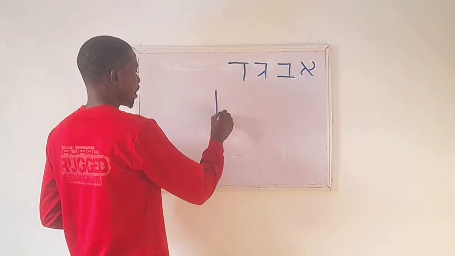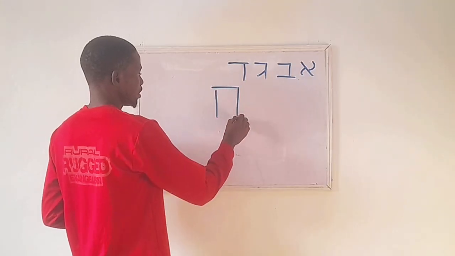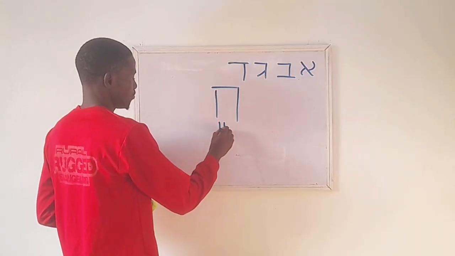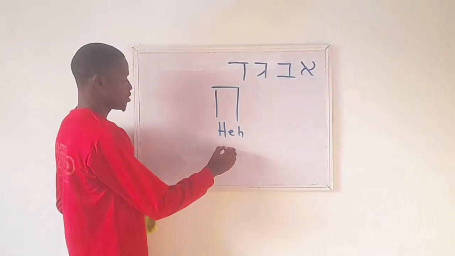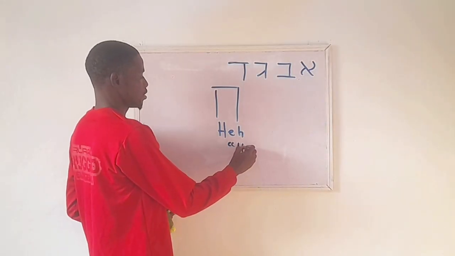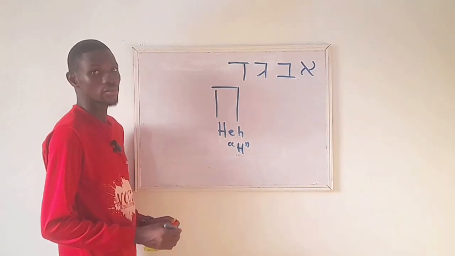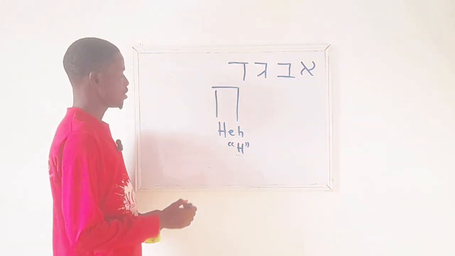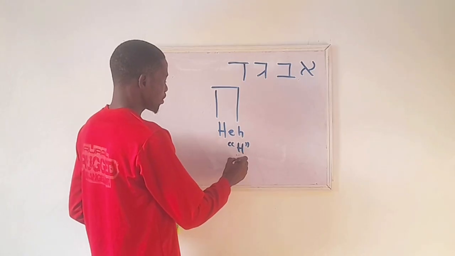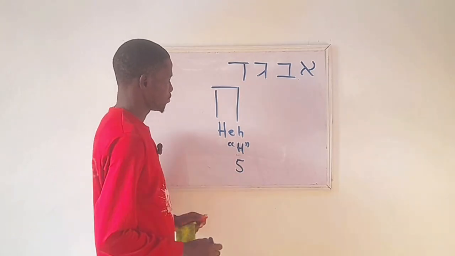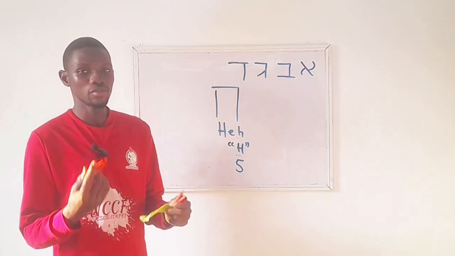The next letter we have is Hey. The English equivalent is H, and that's our 5th letter. Numerical value number 5.